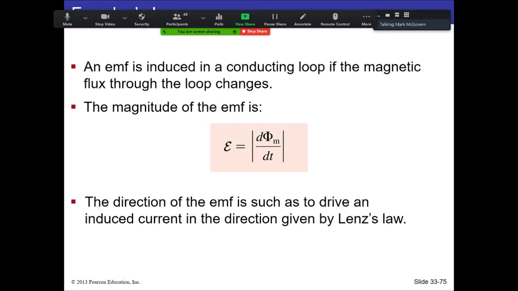The absolute value that's there is to ensure that the value is always positive, because we want to assign directions of current by Lenz's law. So that's the only reason why the absolute value is there. Now, when you look at this derivative here, remember that magnetic flux is really a function of three things.